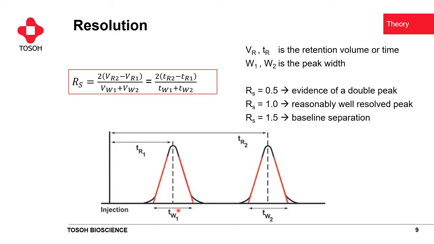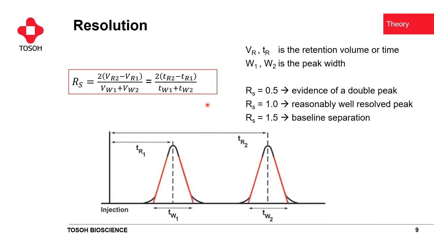And this is done by just taking the difference in the retention time or the elution volume. Secondly, what has an impact is the width of both peaks, because if we have very broad peaks, they may weld together and we cannot separate them anymore. And this is exactly what we will find in the equation for the resolution calculation.